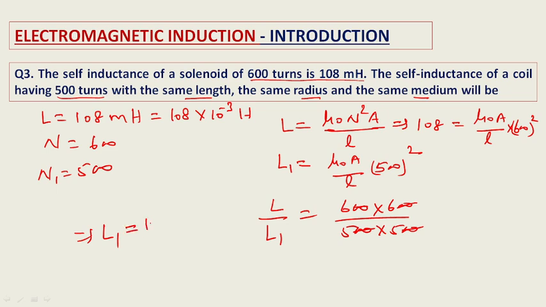So L1 will be 108 into 5 into 5 divided by 6 into 6. So L1 will be equal to 75 millihenry.